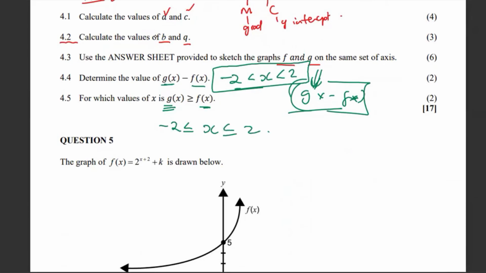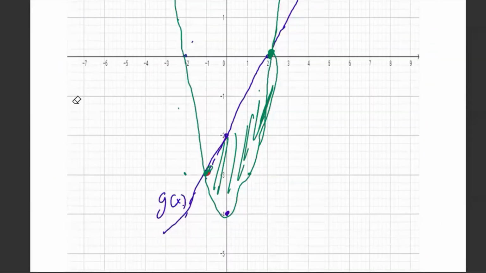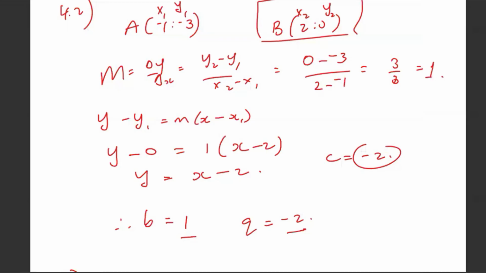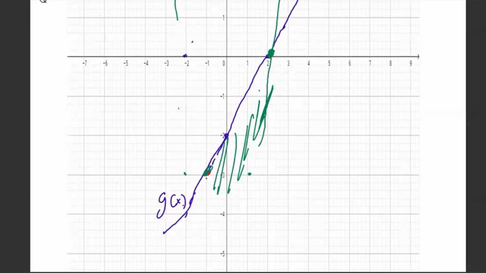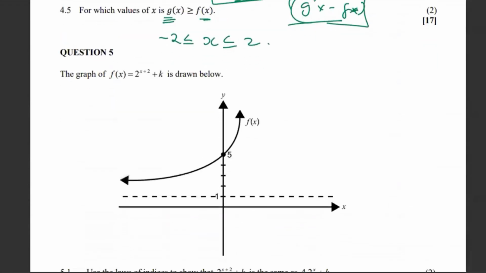Now, g of x minus f of x, you can't say determine the value unless I'm going to give it in terms of the inequality, but this is going to be in the y format, okay? Meaning that it's between y 0 and y -4. So -4 and 0, that's the only region that we can really focus on.